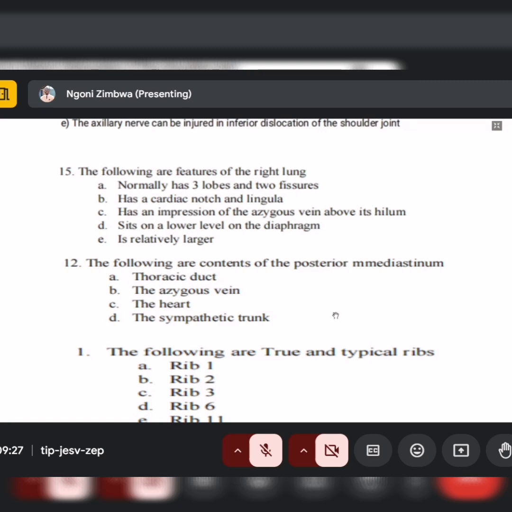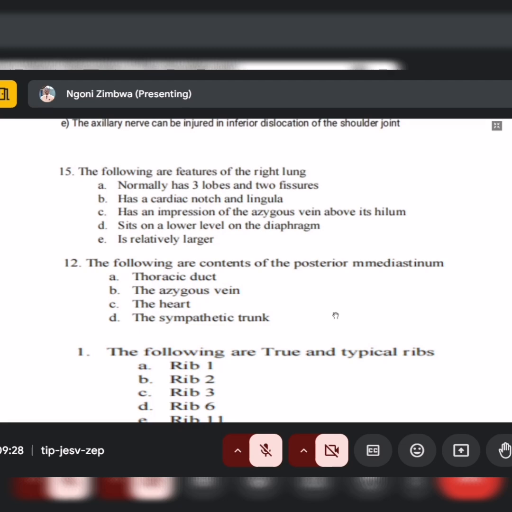C, the heart. That is false. Actually, the heart sits in the inferior mediastinum, right? D, the sympathetic trunk. That is true.